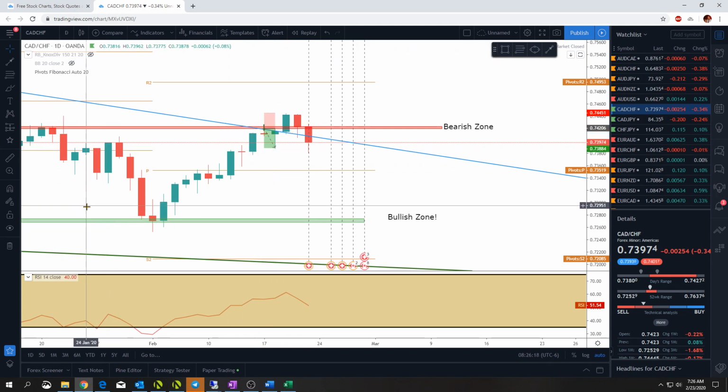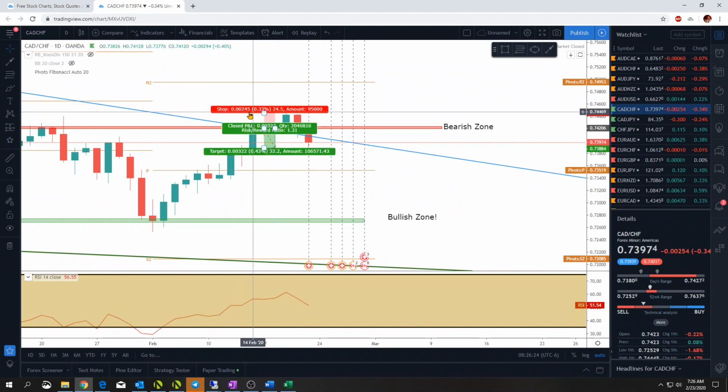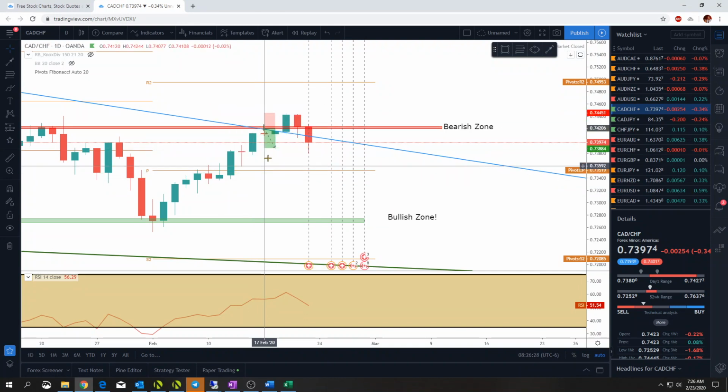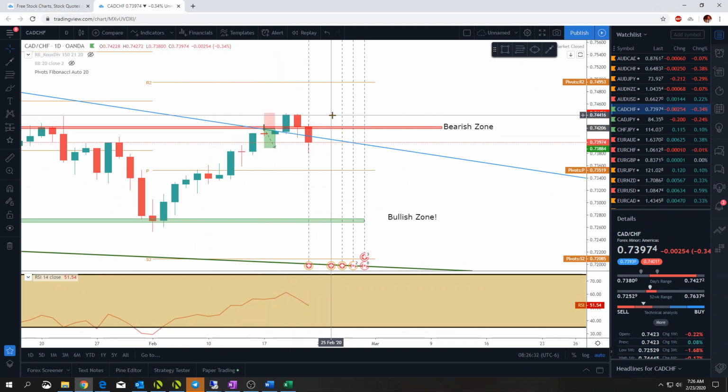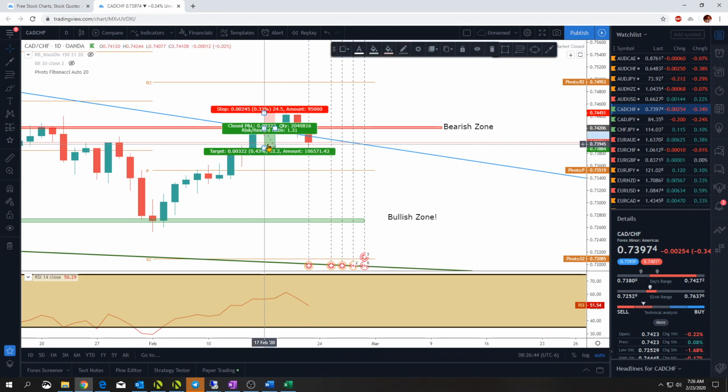Those of you that follow me long enough know that I don't put stops on my first trades in the pair, maybe on my rollover trades, but I pick a position size where I can let this thing go considerably far against me, and in this case it did, and now we're in profit. And I believe I closed it last week when we were on this spike down for profit.